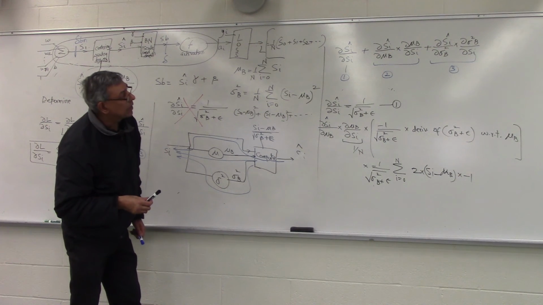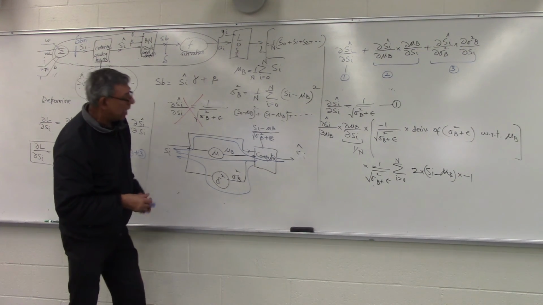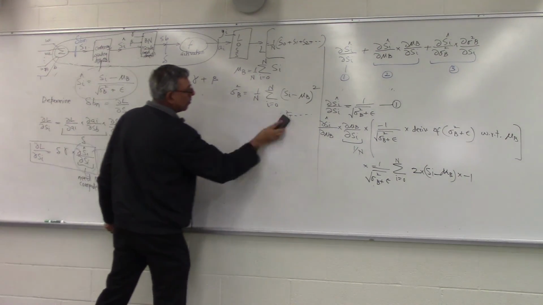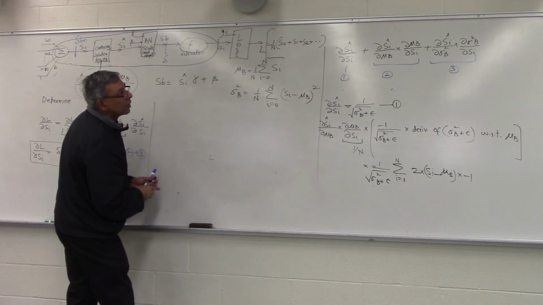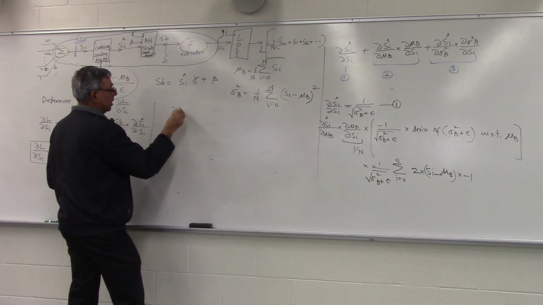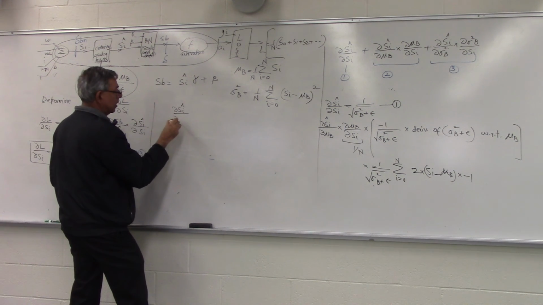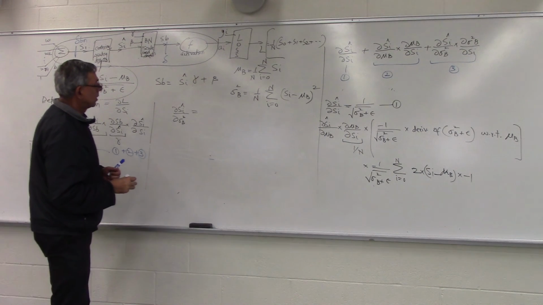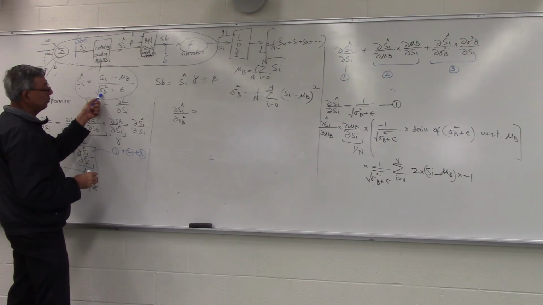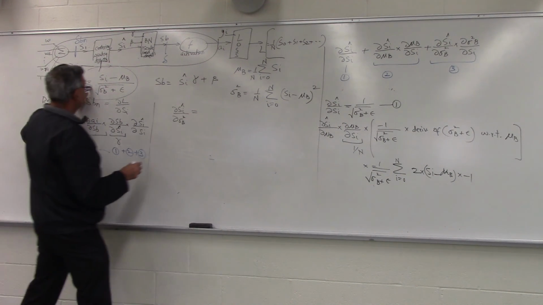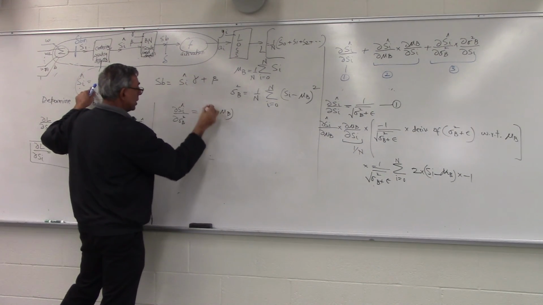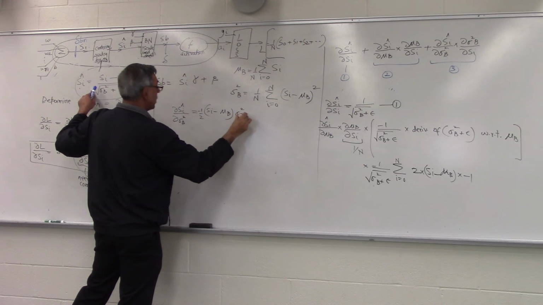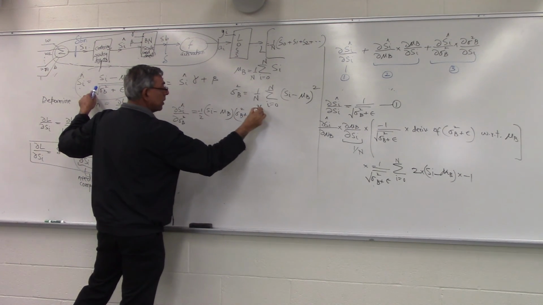Very similarly, let's take a look at the last part. For the last part, it's this part: partial SI hat over partial sigma square B. So this will be SI minus mu B times minus half, and sigma square B plus epsilon raised to the power negative 3 over 2.